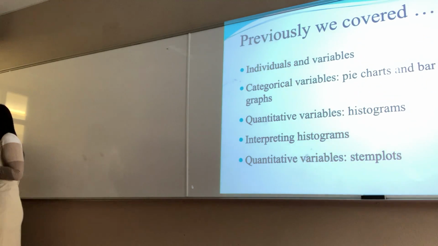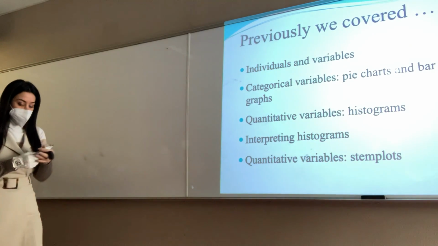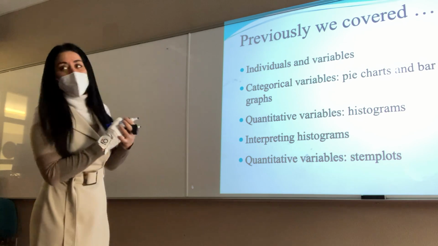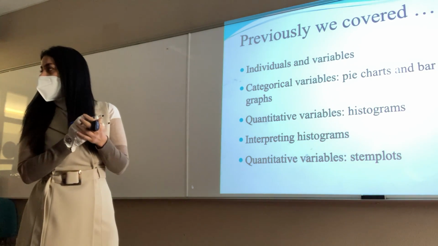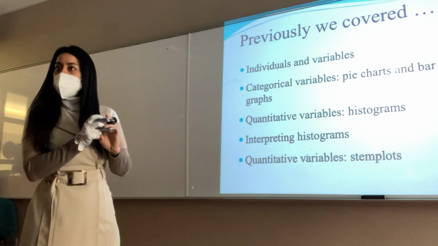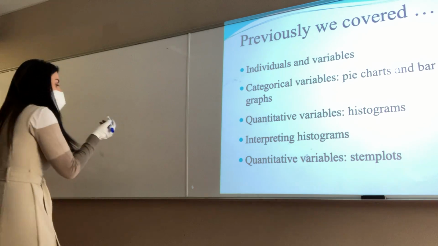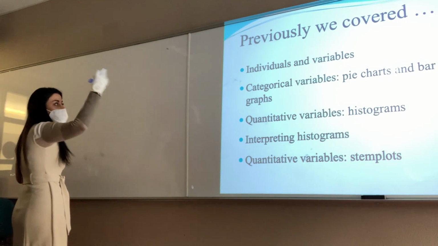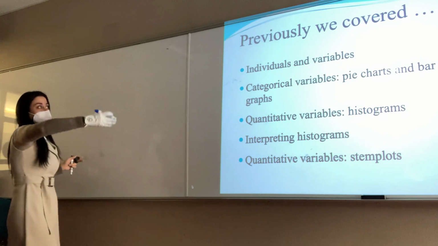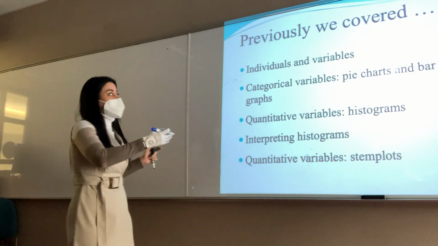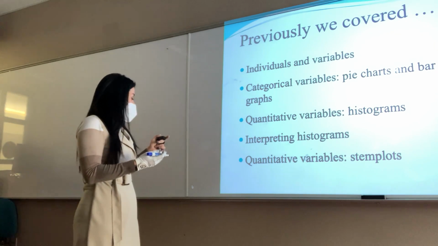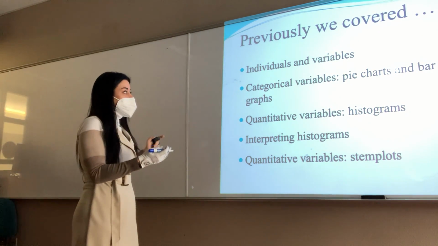Okay, so hello everyone. Now, do you have any questions before I start? Oh, good. Okay, so what you see here is whatever we learned in chapter 1. It's just like 2-3 lectures ago. We talked about individual variables, then categorical variables.